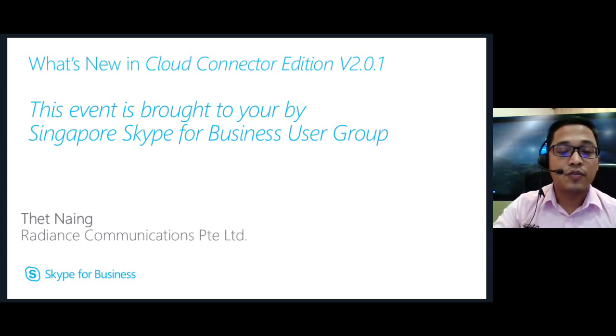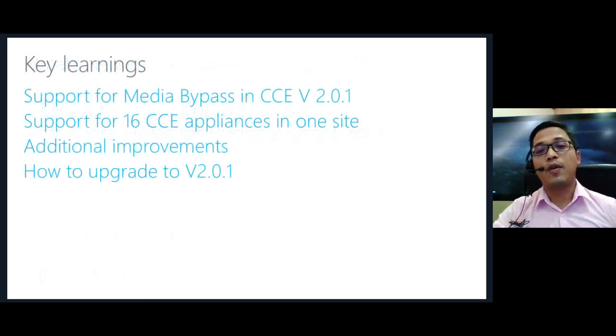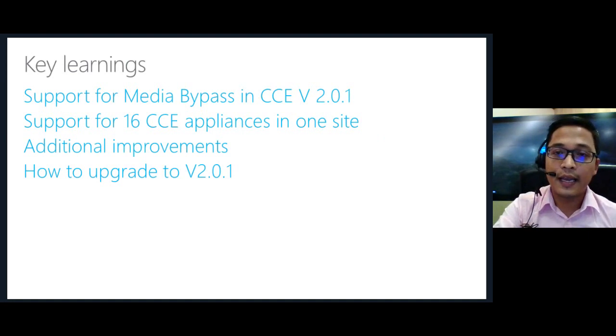So today, I would like to talk about what is new in Skype for Business Cloud Connector Edition version 2.0.1. First of all, I would like to introduce our key learnings and the focus of this broadcast. The first key learning is that media bypass is a big addition to Skype for Business CCE 2.0.1, because previously there was no media bypass.